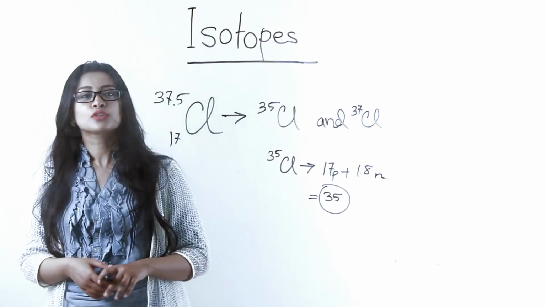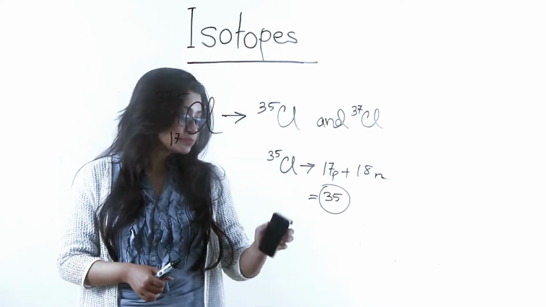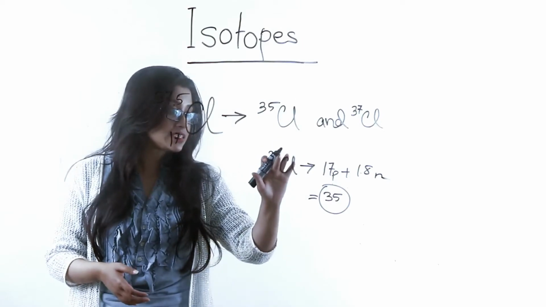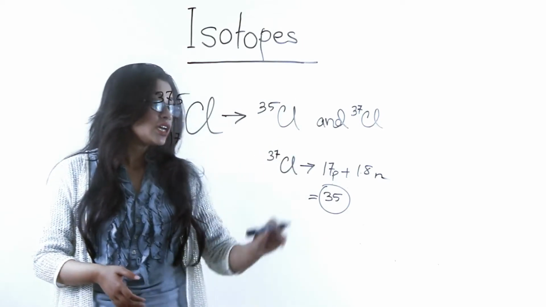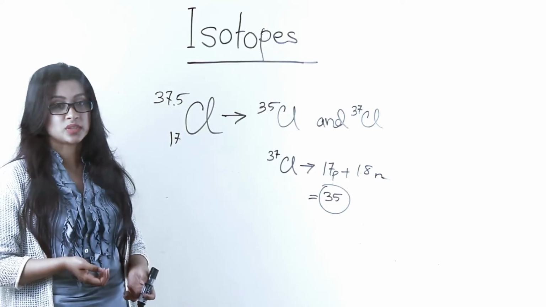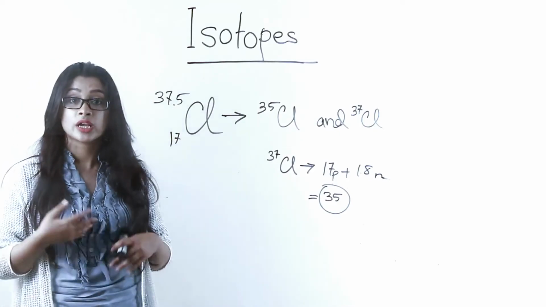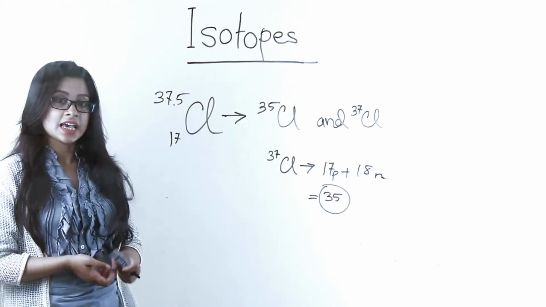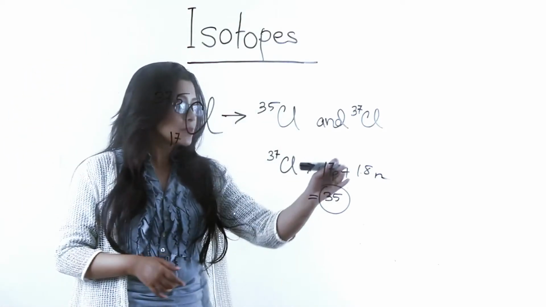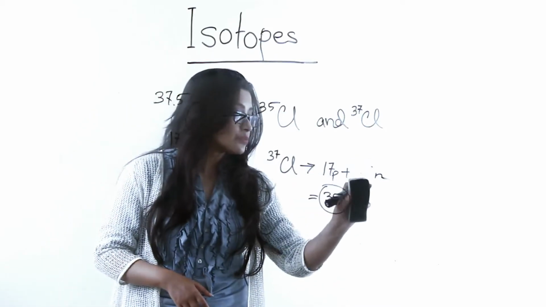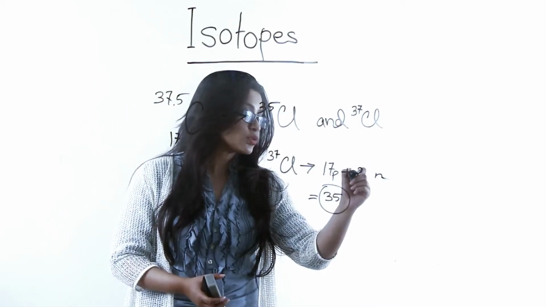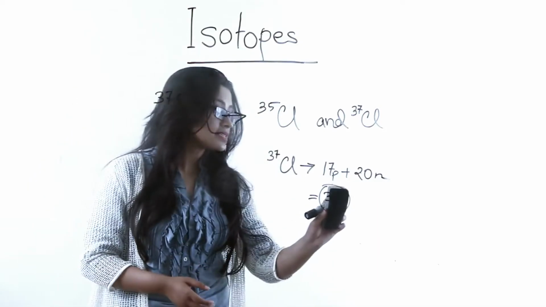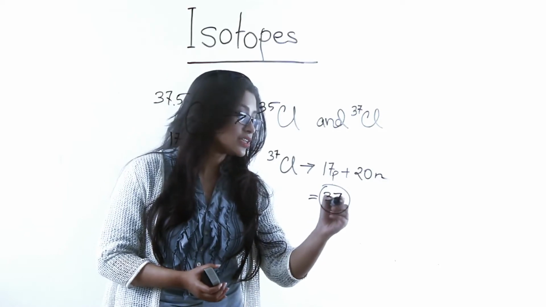Now, in case of chlorine 37, guys, what happens is, in here, you have 17 protons as usual. As I have said before, and we have learned, the number of protons really doesn't change. What changes is the number of neutrons. So what happens here is that in case of 37, you have 17 protons and 20 neutrons, thus forming the mass number of 37.